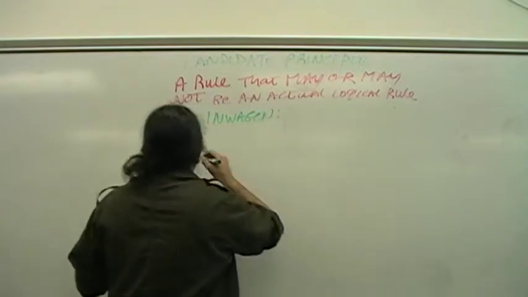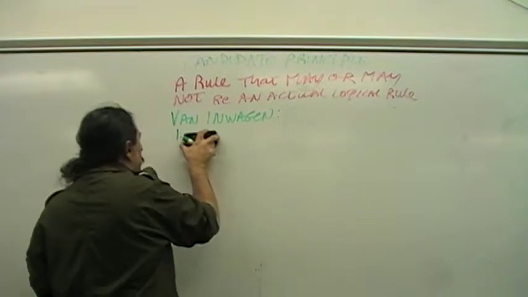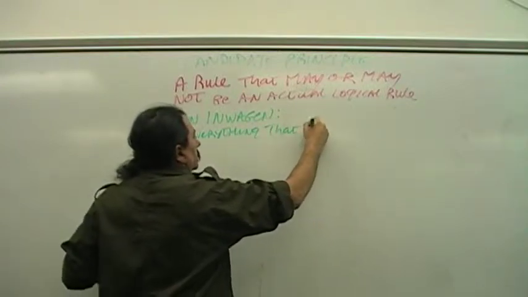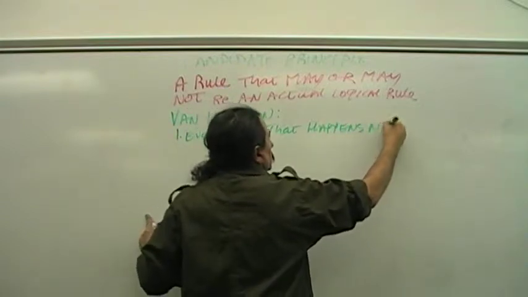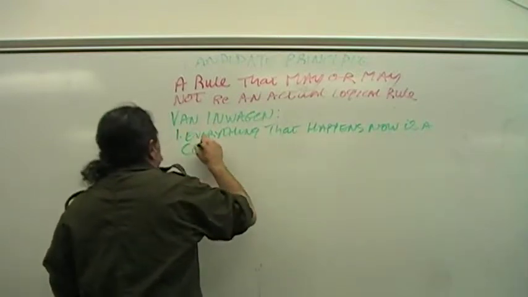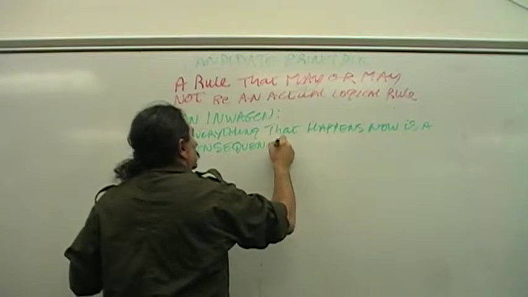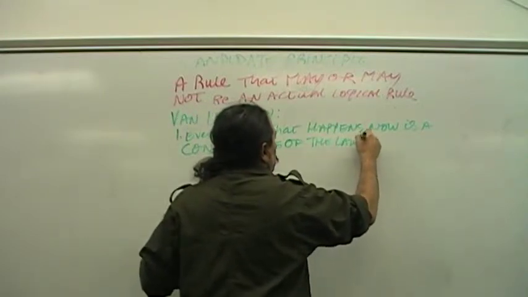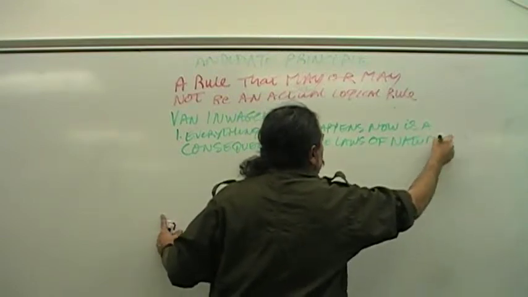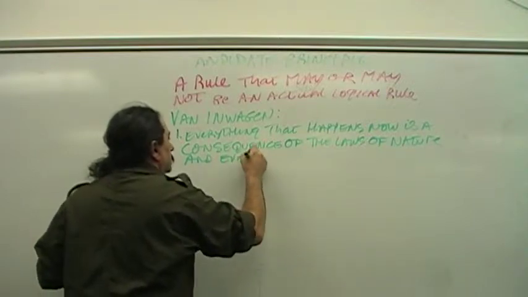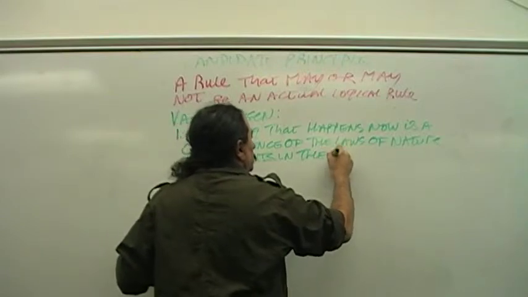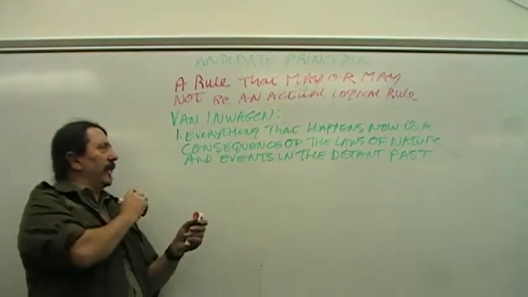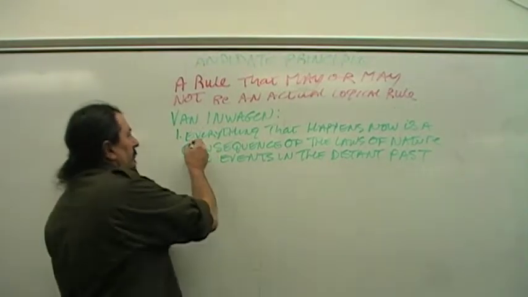I'll try and do it as an argument. His first premise: everything that happens now is a consequence of the laws of nature and events in the distant past.